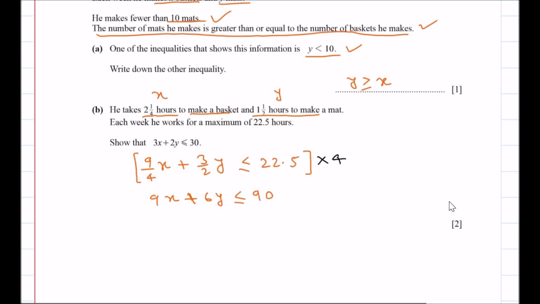We have 90. That means we need to divide everything by 3. So let's do. So we get 3x plus 2y less than equal to 30. Done. This is what we had to show.